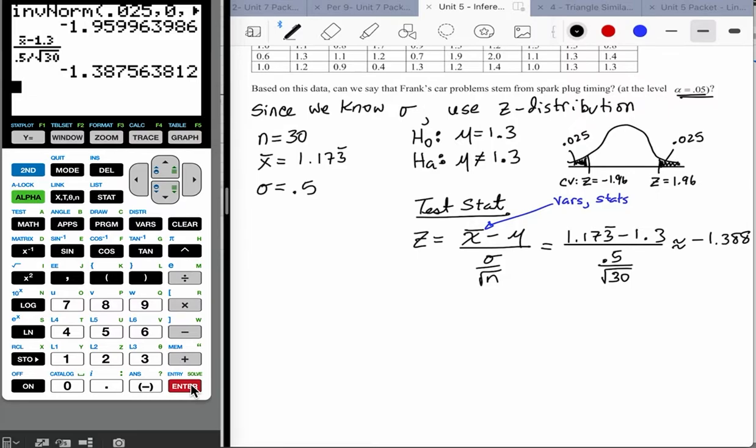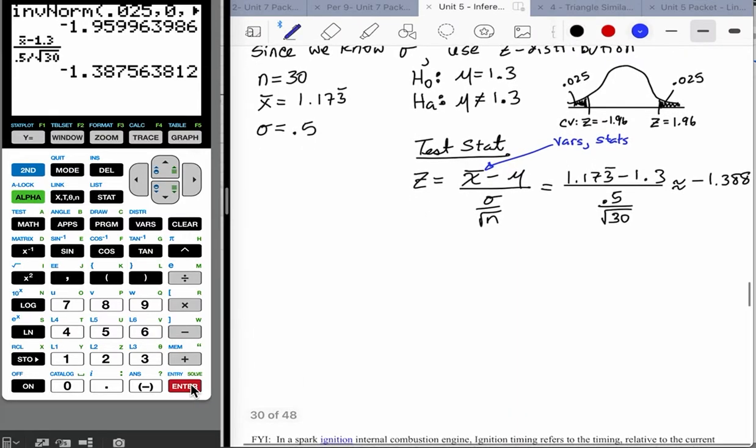So what I can do here is find the probability that z is less than that negative 1.388. It's on the left-hand side, so I'm looking for the area between negative infinity, the beginning of time, and negative 1.388.